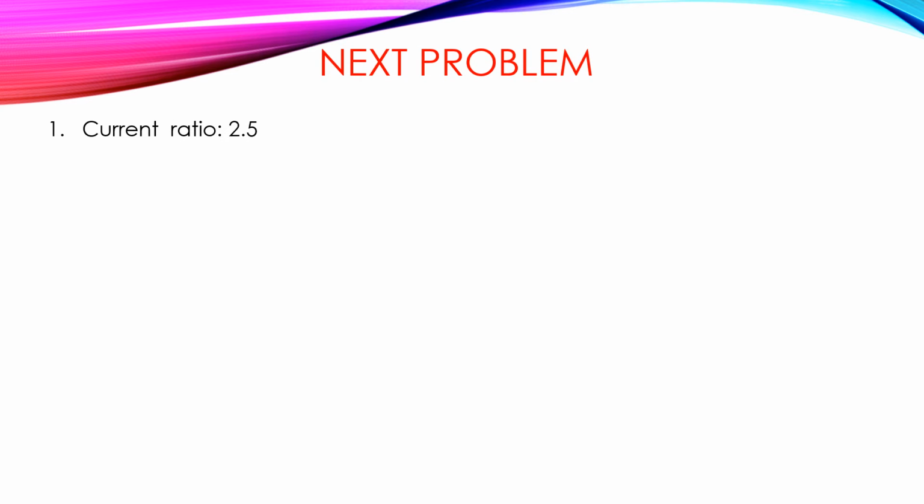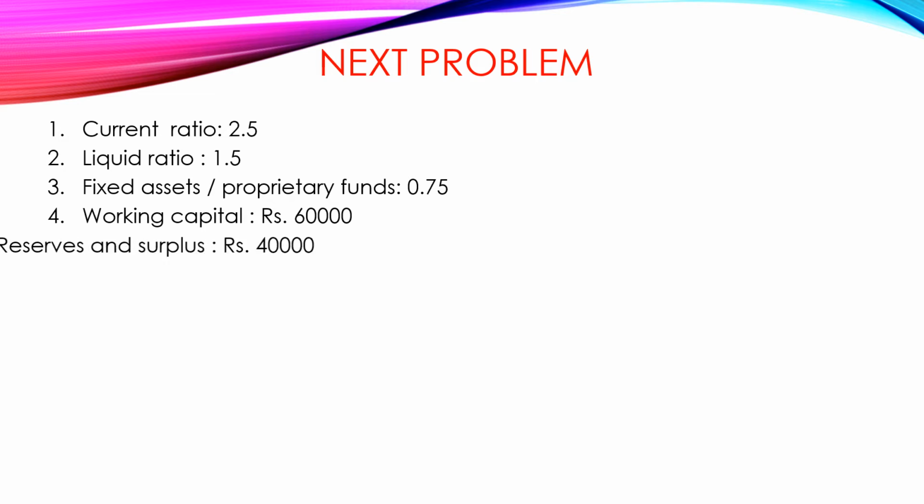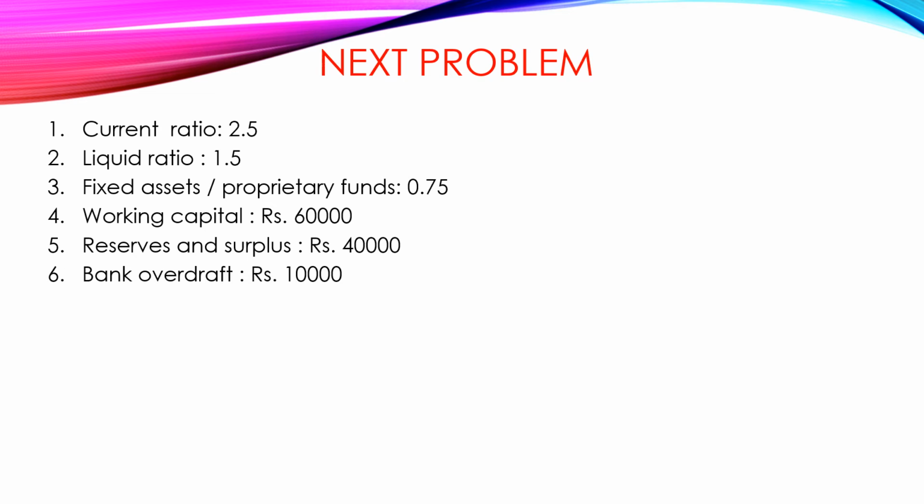Now we are going to see another example, one more example. Next problem. In this problem also, first we want to see the given question. Current ratio is equal to 2.5, liquid ratio is equal to 1.5, fixed asset to proprietary fund is 0.75, working capital rupees 60,000, reserves and surplus rupees 40,000, bank overdraft rupees 10,000.